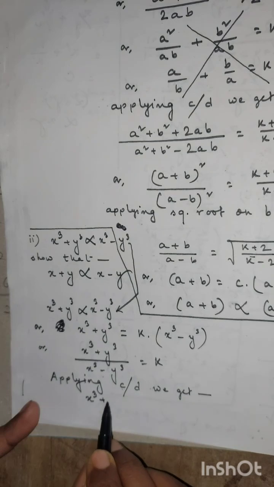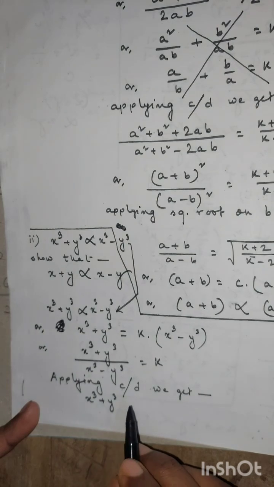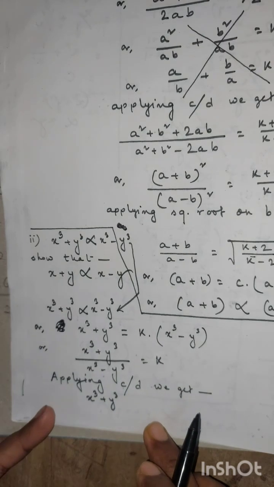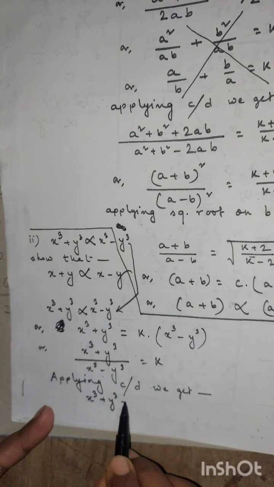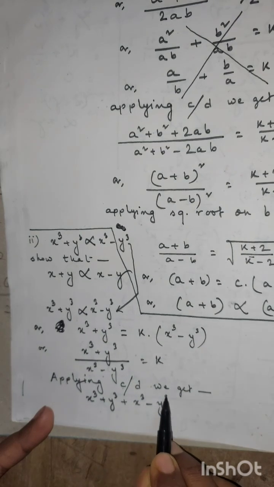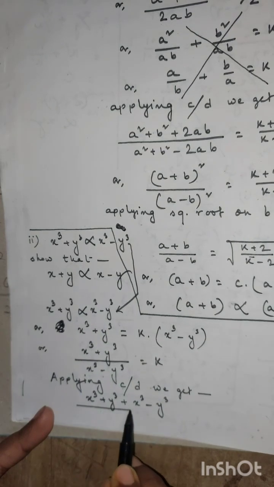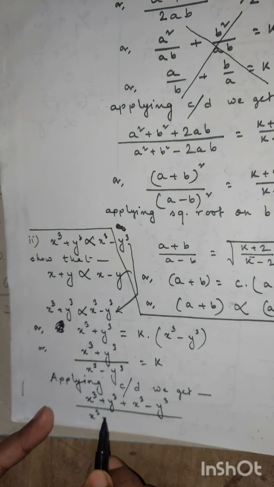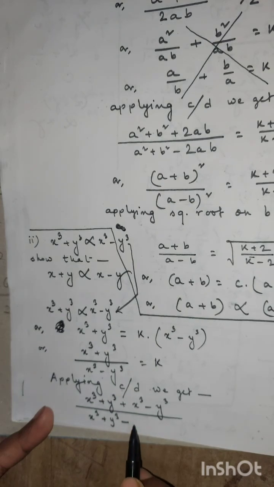x cube plus y cube plus x cube minus y cube by x cube plus y cube minus x cube minus y cube.